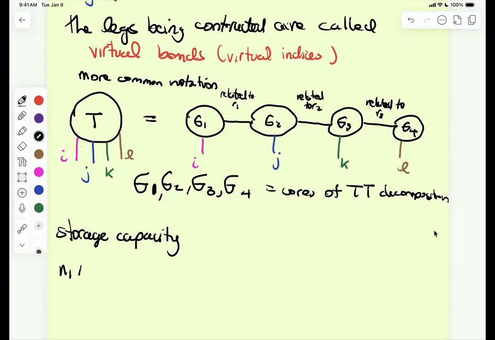If you do it the other way, this one needs n1 times r1, plus, since this tensor has 3 legs, r1 times n2 times r2.